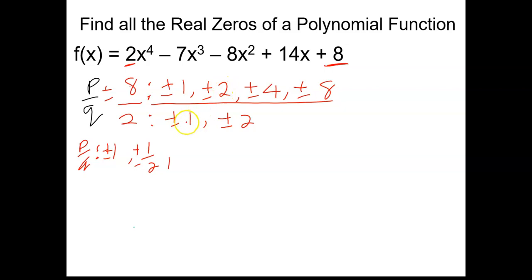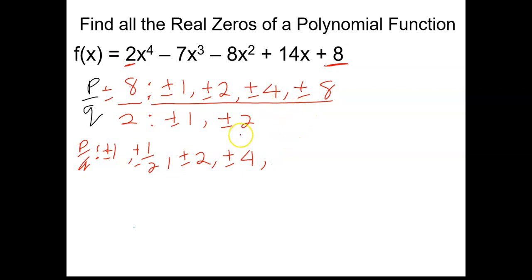Now we have 2 over 1, which is 2, so positive and negative 2. And then we have 2 over 2, which is 1. We already have it. So 4 over 1, which is positive or negative 4.